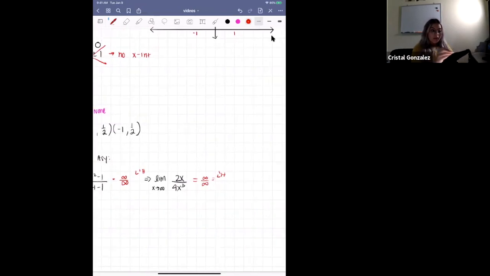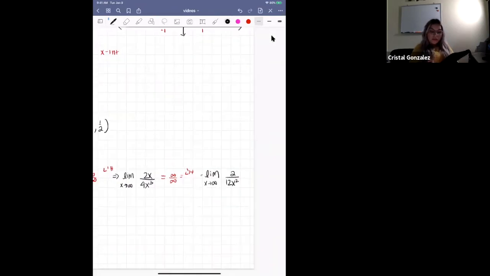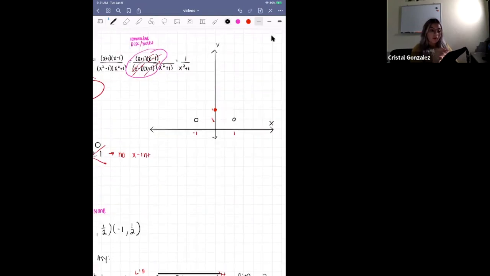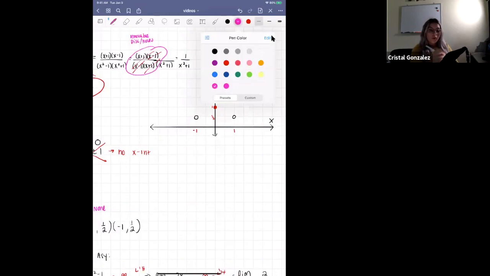If I apply L'Hopital's rule one more time, I get the limit as x approaches infinity of 2 over 12x squared. And this tells us that it's going to be 2 over infinity. And remember, a number over infinity is just 0. So your horizontal asymptote is y equals 0. So that tells us that we have a horizontal asymptote at y equals 0.